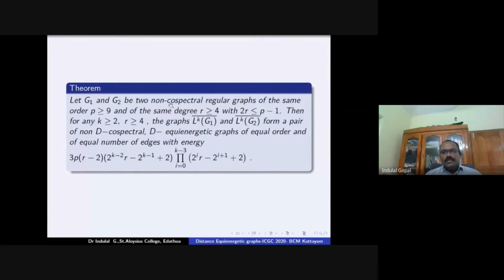If G1 and G2 are two non-cospectral regular graphs of the same order with p greater than or equal to 9 and same degree r greater than or equal to 4 with 2r less than or equal to p minus 1, then the complements of L^k(G1) and L^k(G2) form a pair of non-cospectral D-equi-energetic graphs of equal order, equal number of edges, same regularity, and with this energy.